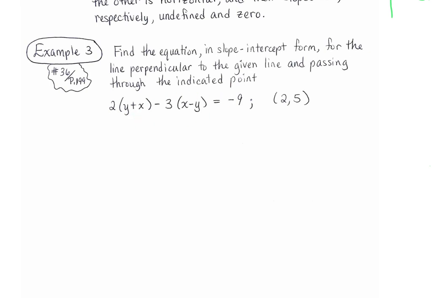Because if we find out what m is for this given line, if we want to find a line that's perpendicular to this line, then finding m will allow us to do what? Take the negative reciprocal of it. Then we will have the slope, and then we will also have what else that was given?